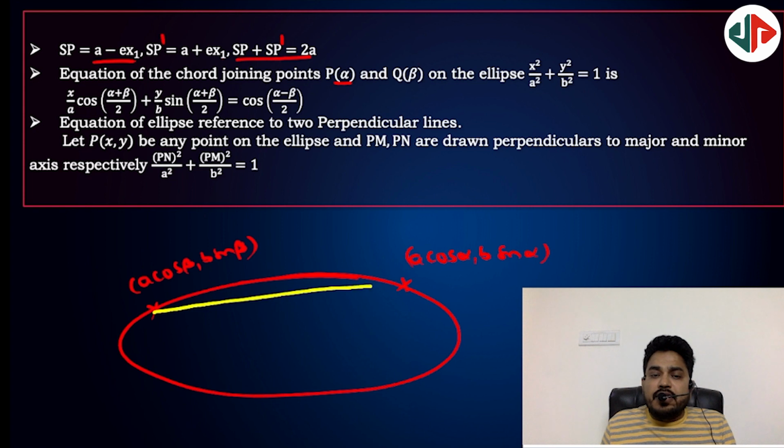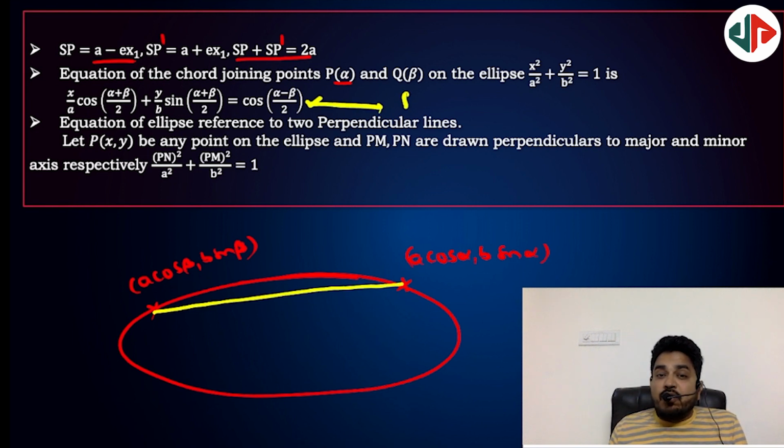Now what is the chord joining these two? Chord joining these two is x by A cos of alpha plus beta by 2 plus y by B sin of alpha plus beta by 2 is equal to cos of alpha minus beta by 2. So from here what happened now? If this is a focal chord, what is the situation? If it is a focal chord, it will pass through either AE comma 0 or minus AE comma 0.